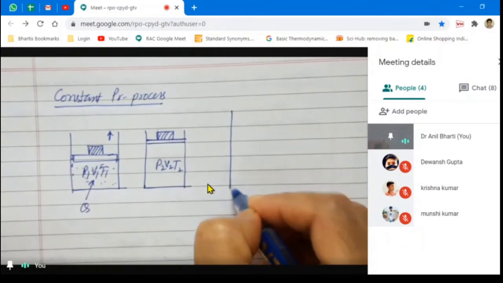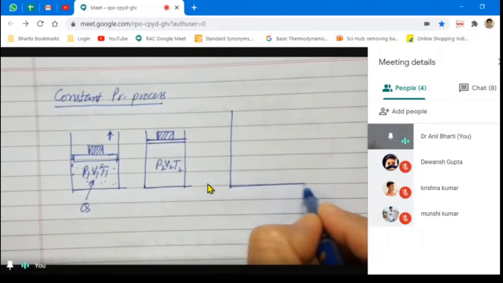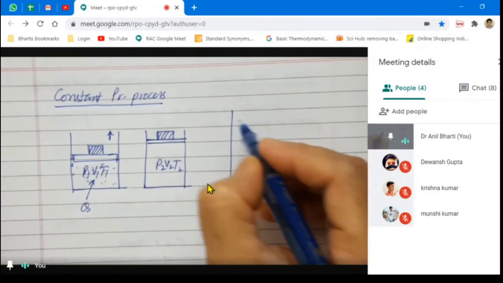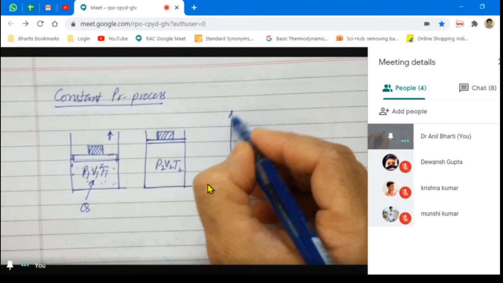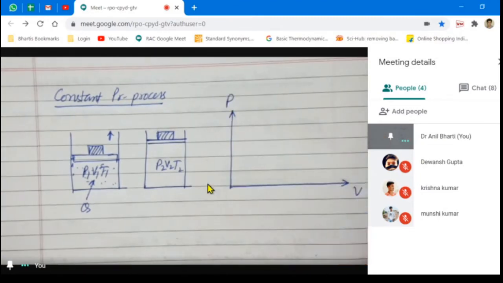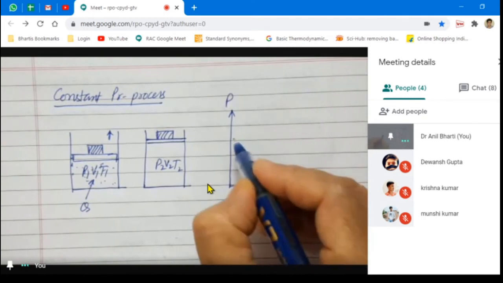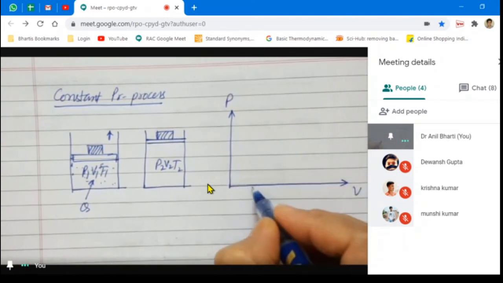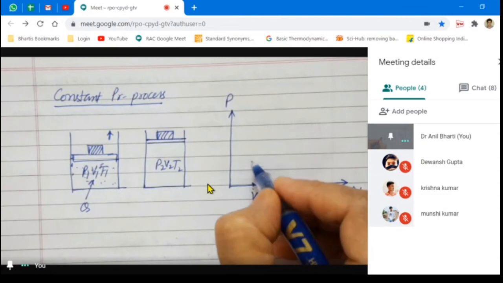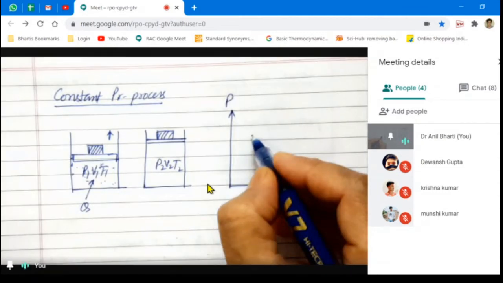So now if we draw this pressure volume diagram, what will we get? Here you can see that pressure is constant but volume is changing. So let us say first the volume was V1, the system coordinates were here, then the final volume becomes V2.